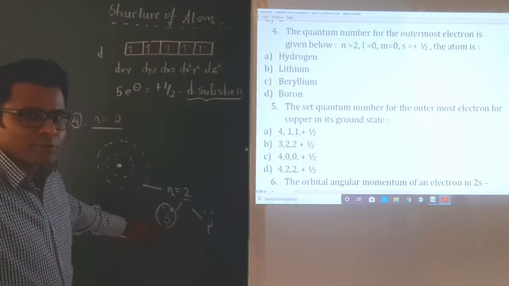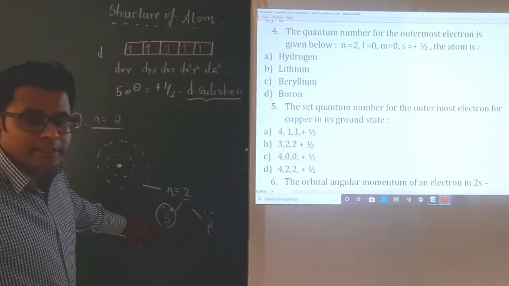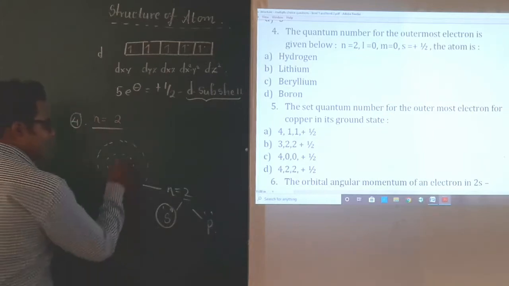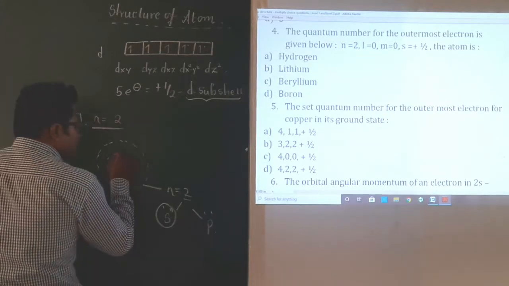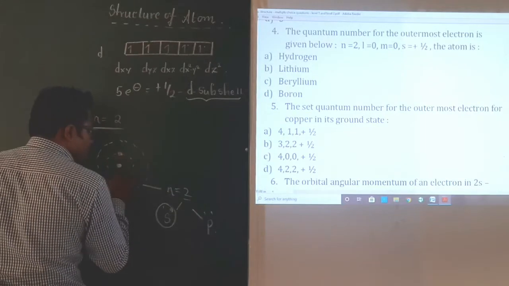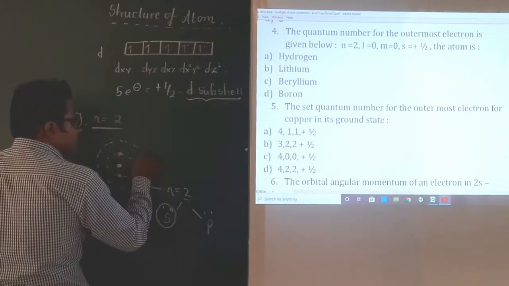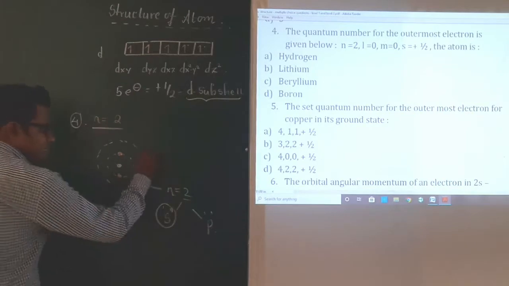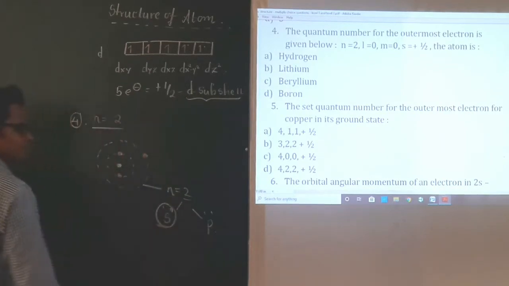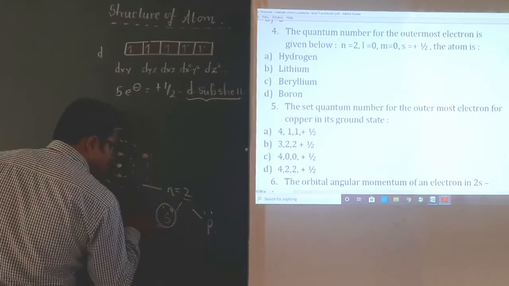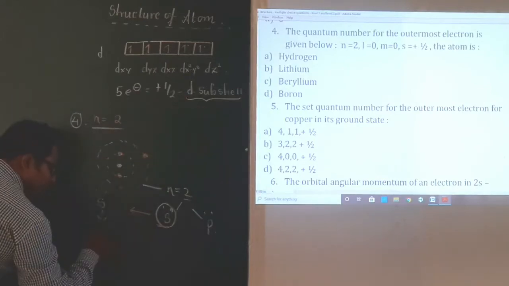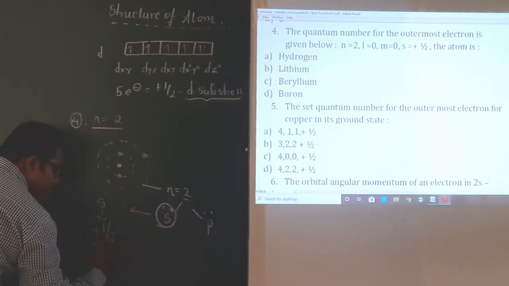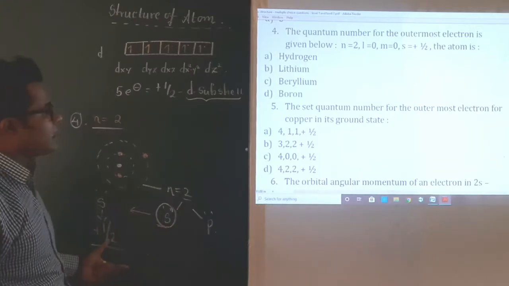In the s subshell there is only one orbital. In the first orbit there are just 2 electrons, and the next electron will come here into the s subshell, into the s orbital. As it is a single electron, it will have plus half as the spin quantum number.